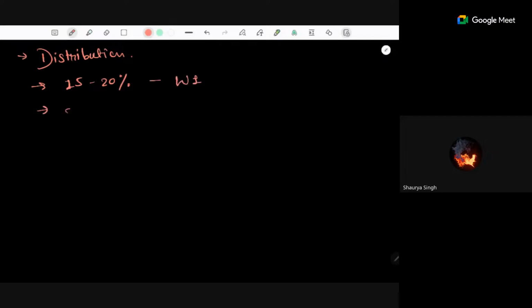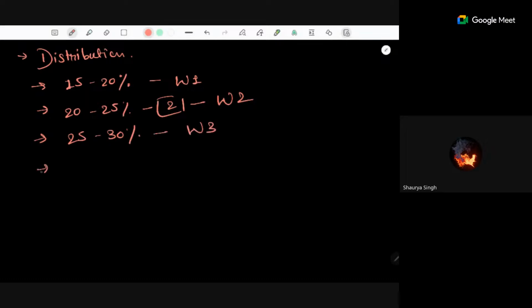Then 20 to 25% of questions, and definitely there will be 2 questions from system of linear equations, that is from week 2. And again 20 to 25%, or you can take a little bit more here, that is 25 to 30% of questions from week 3, and the remaining part from week 4.